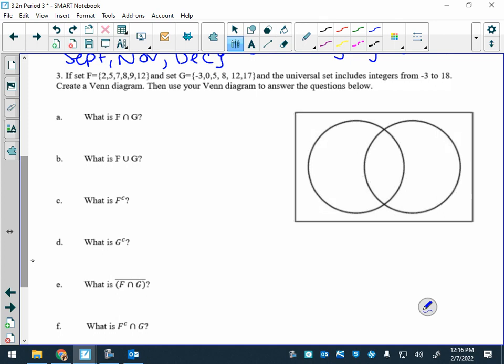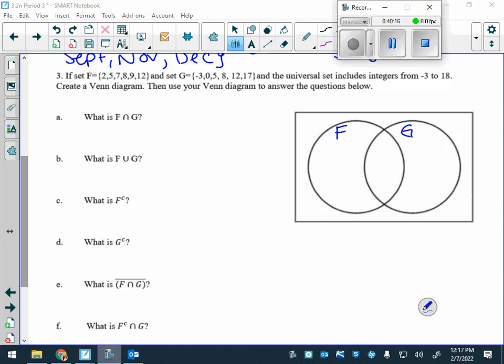You can't say -3 to 5, let's just say. Okay? So go ahead and try number 3. I will fill out the Venn diagram in a few minutes, but also answer these questions. Okay? If you do have your course selections sheet with you and it is filled out with the math course that you want to take, please let me know.